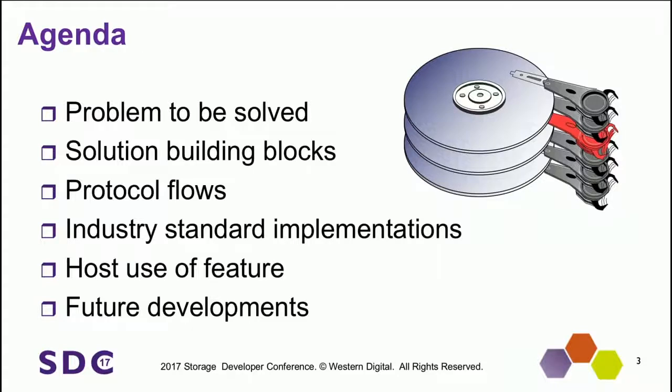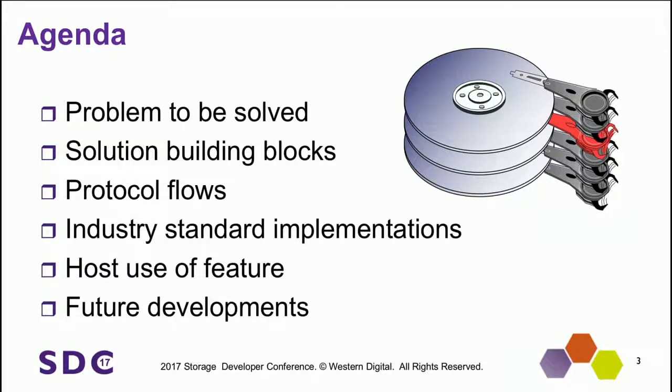So as far as an agenda here, I'm going to talk a little bit in more detail about what problem we're trying to solve here. Talk about some of the building blocks that go into building a solution for this problem. And then we'll talk about, at the interface, what has to happen in terms of protocol flows in order for this feature to be employed.